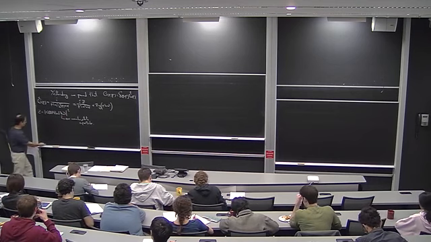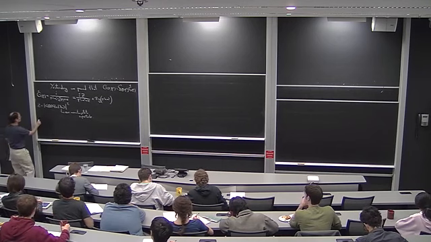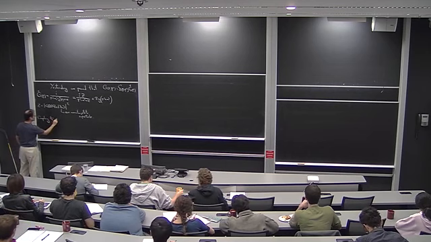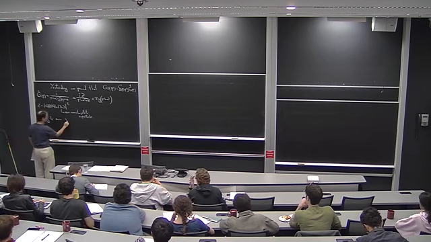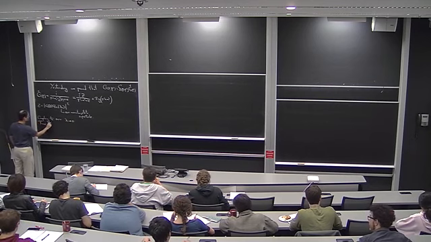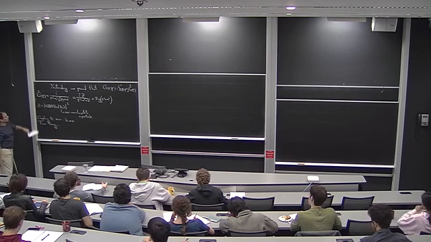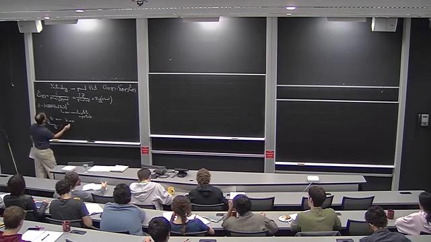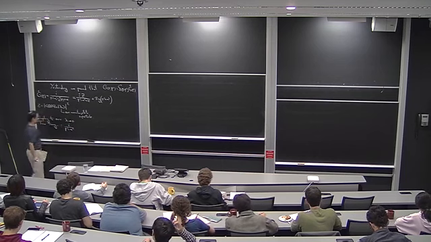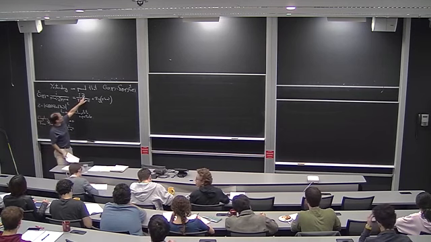Now, we know that if we take the coupling lambda to zero, we should get the free theory Green's function, or the free theory propagator. And the free theory propagator should be 1 over p squared minus m squared. So we shouldn't have this Z here.